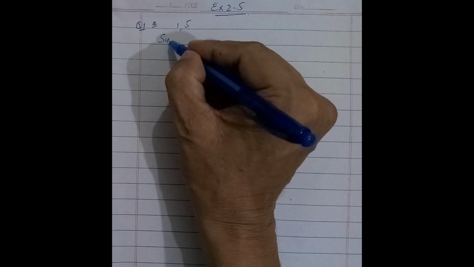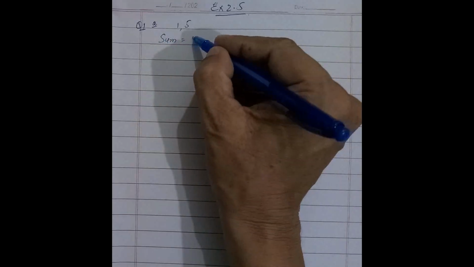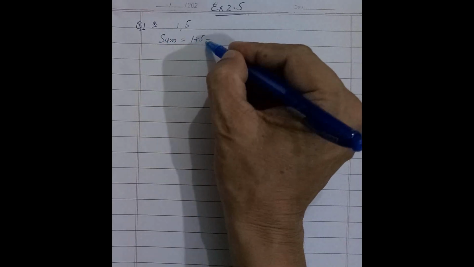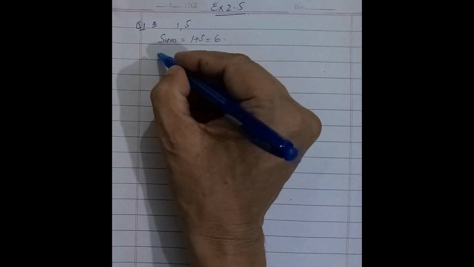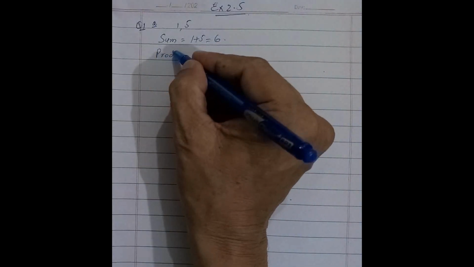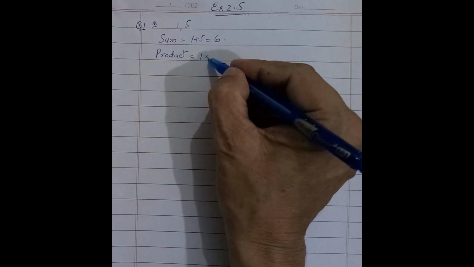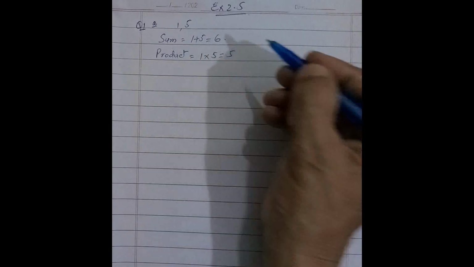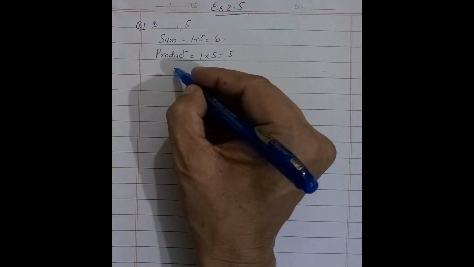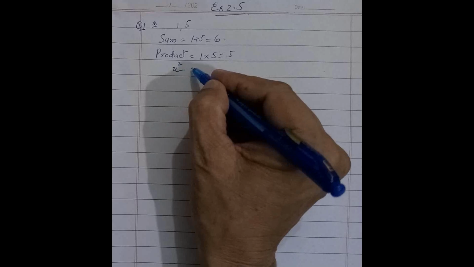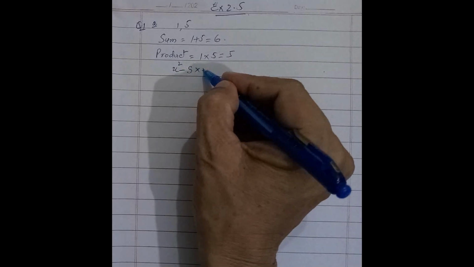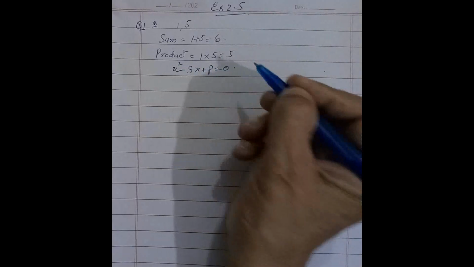Sum of roots is, sum is equal to 1 plus 5, which is equal to 6. And second is the product of roots. Product is 1 multiplied by 5, which is equal to 5. And the quadratic equation is x square minus sx plus p is equal to 0.